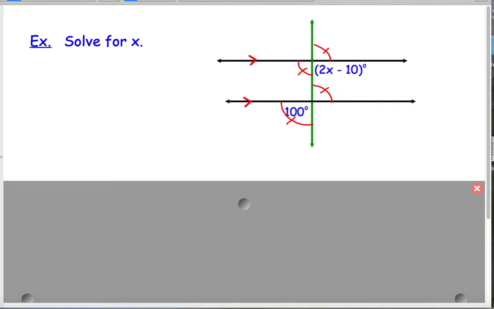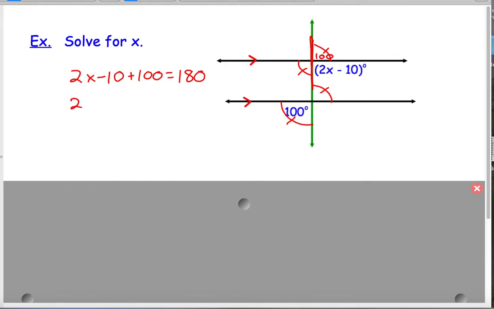Notice I didn't mark the 2x minus 10 angle, but I know the other 4 are all 100 degrees. So if I want, I could put 100 degrees here, and now I know that these 2 together make a straight line. So I know 2x minus 10 plus 100 equals 180.